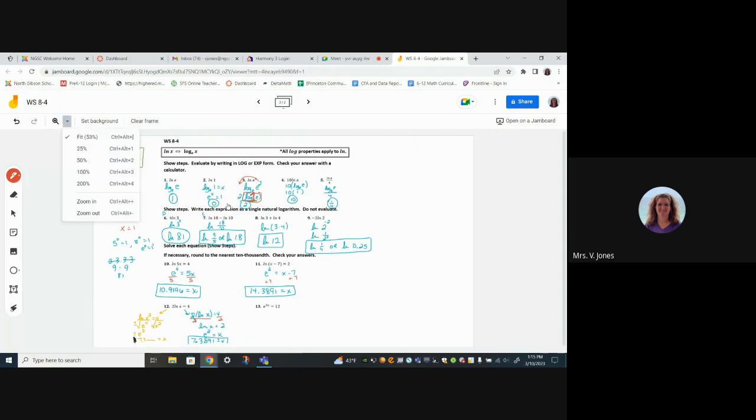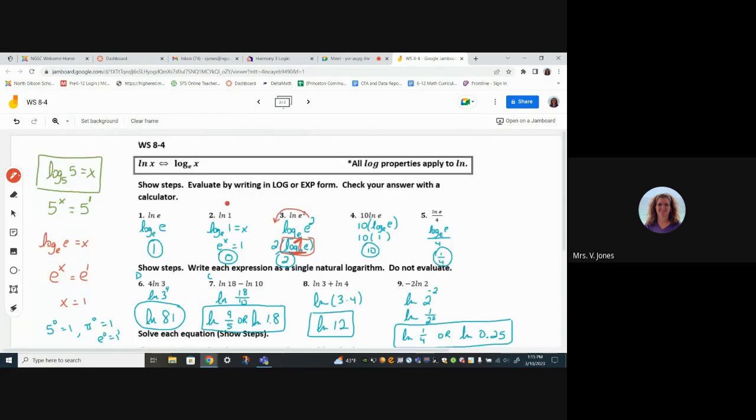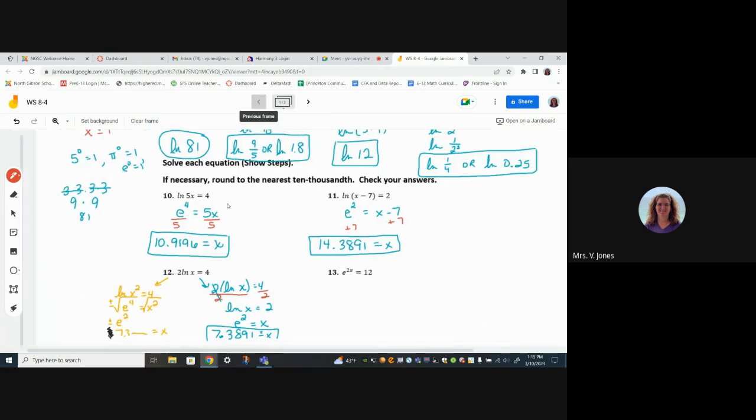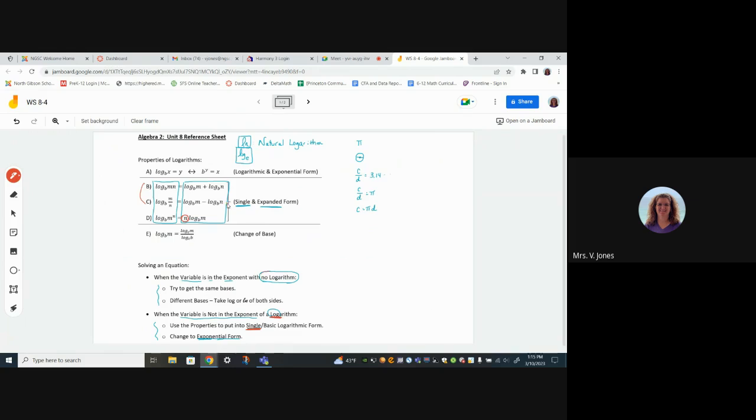All right, the last one I'm going to do with you today is going to be number 13. And that one, if you look at your reference sheet again, that has no logarithm. So that's where we'll try to get the same bases.